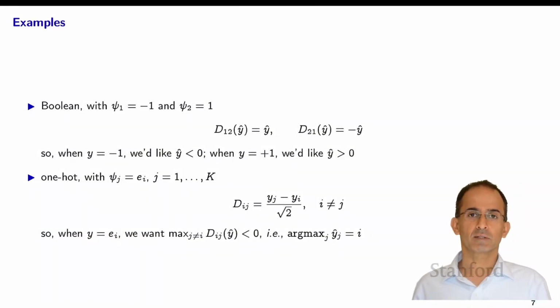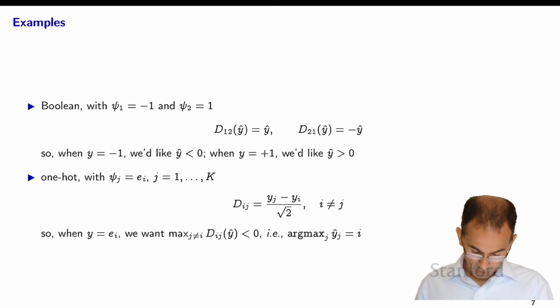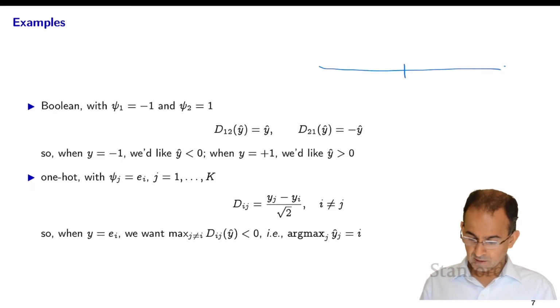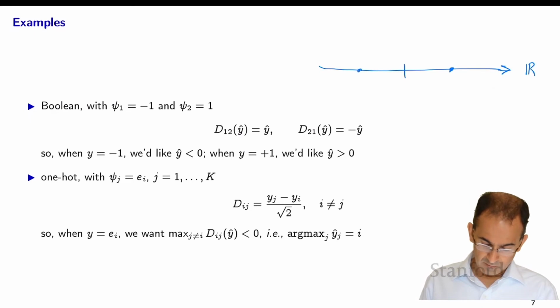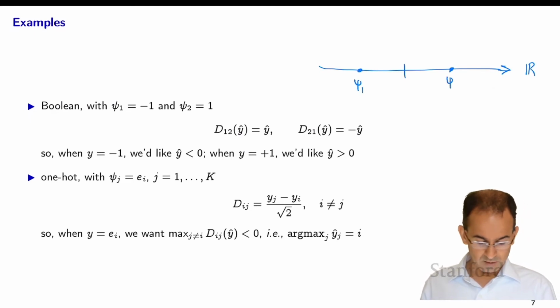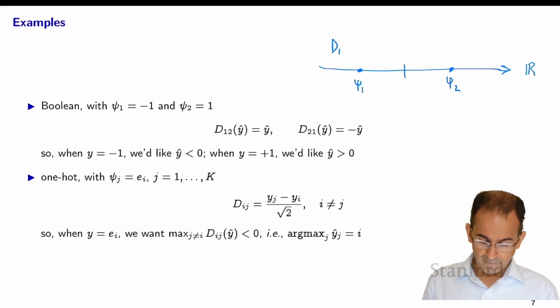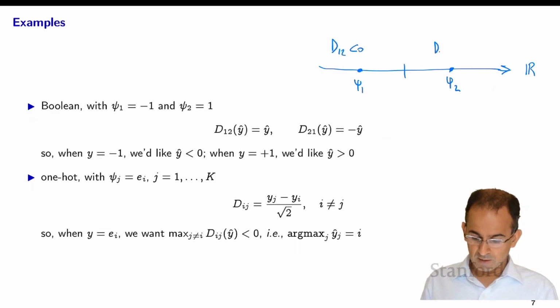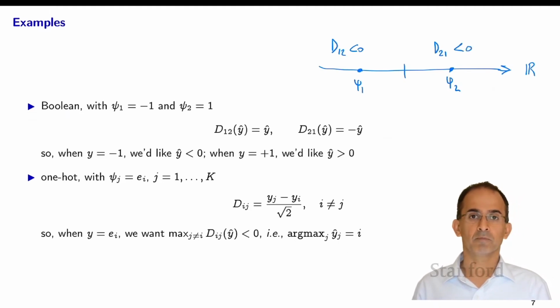Here are some examples to be explicit in the most common cases. The most common cases are, of course, the Boolean. In the Boolean case, m is 1, and so I've just got r here. Psi1 is minus 1, and psi2 is 1. And then I've got d1,2 is less than 0 over here, and d2,1 is less than 0 over here.